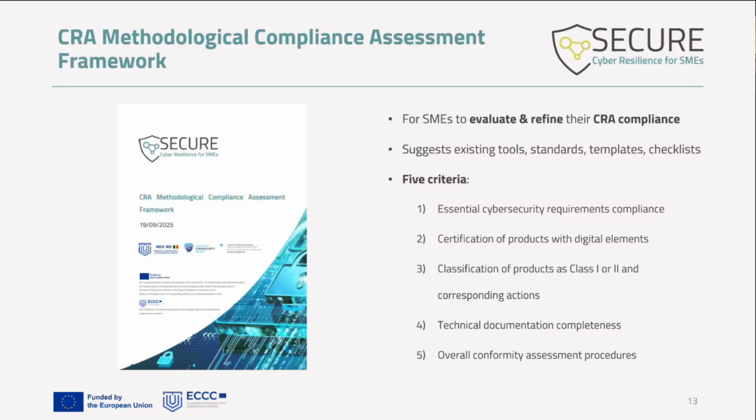Each section is enriched with in-depth guidance, practical examples, case studies, checklists, references to templates, tools, and standards, ensuring micro SMEs can effectively navigate CRA obligations with actionable strategies tailored to their resource constraints. So, in a nutshell, this framework provides a practical structure to operationalize CRA compliance.